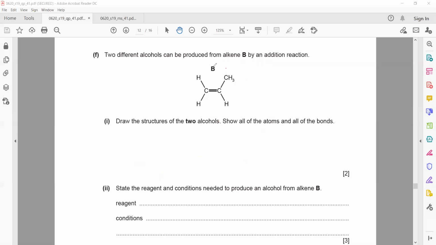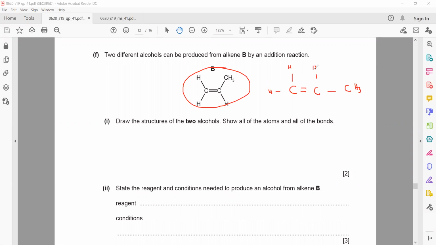Basically, the structure was given in this manner, which is why I was drawing it as it is. But you can also draw it like this, which is also a straight chain. So it does not make a difference to the product which you draw.